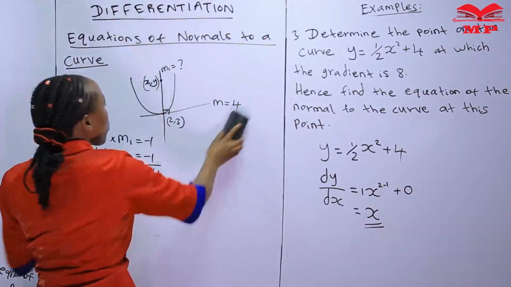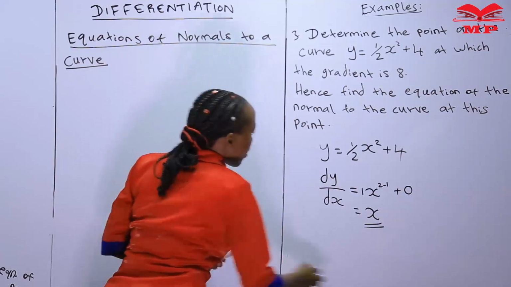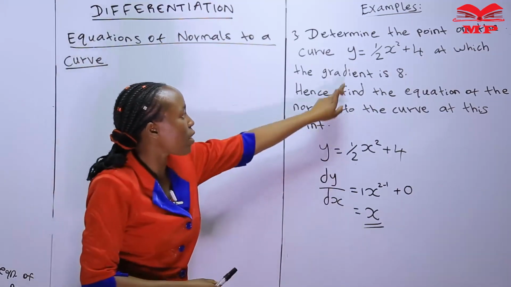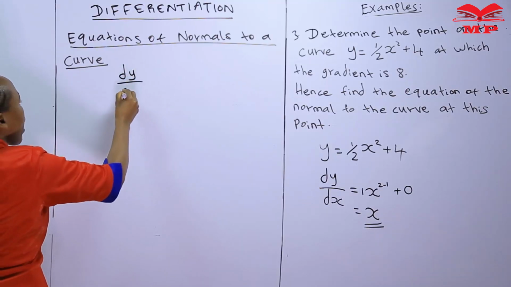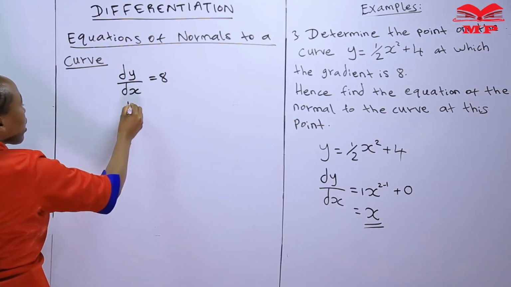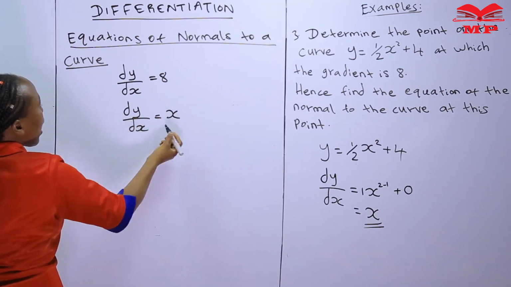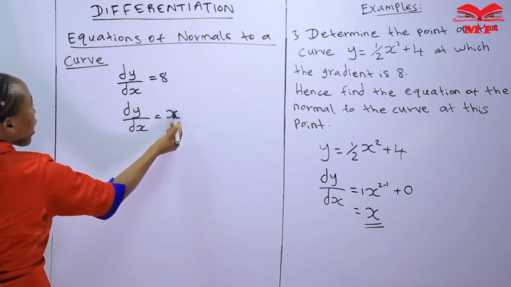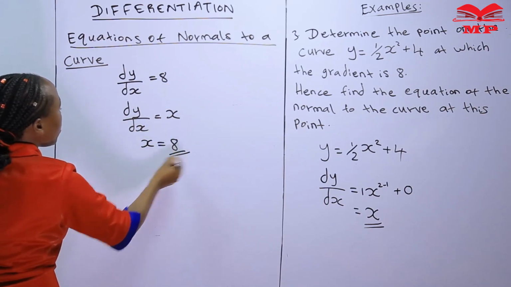And therefore, because we have been given the gradient, it's a very interesting question. We know very well the gradient, which is dy/dx, is equal to 8. And we have seen the gradient function dy/dx is equal to x. And therefore it means we equate x to 8. And therefore our x is equal to 8.